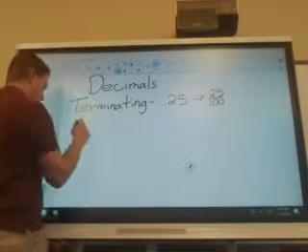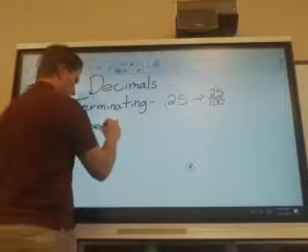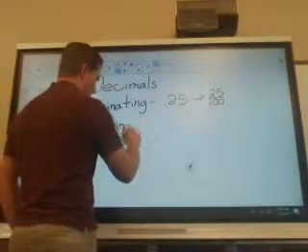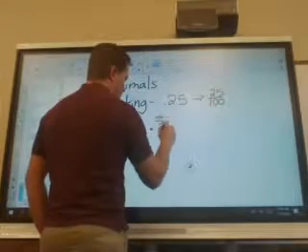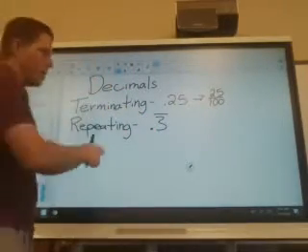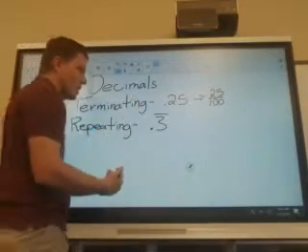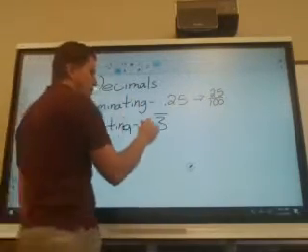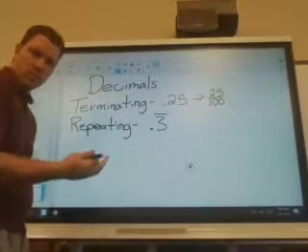So we have terminating. Then we have repeating. Okay? So this is like 0.3 with the repeatant. That's the name for the line, the repeating line. I always just call it the repeating line. Because this is actually 0.3333333, and it keeps going forever.